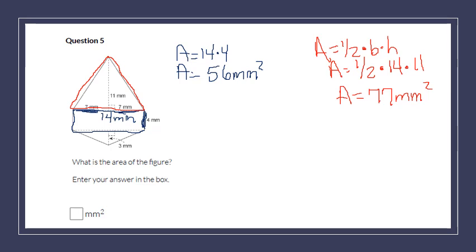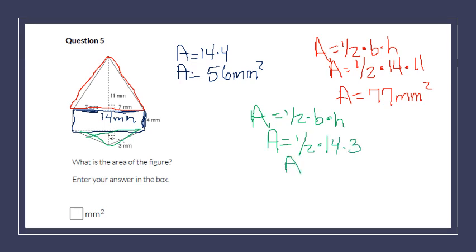Okay, and the last part of this is the bottom. Okay, so we know that it is also a 14 millimeters for the base, but its height is 3. So the area of this one is 21 millimeters squared.